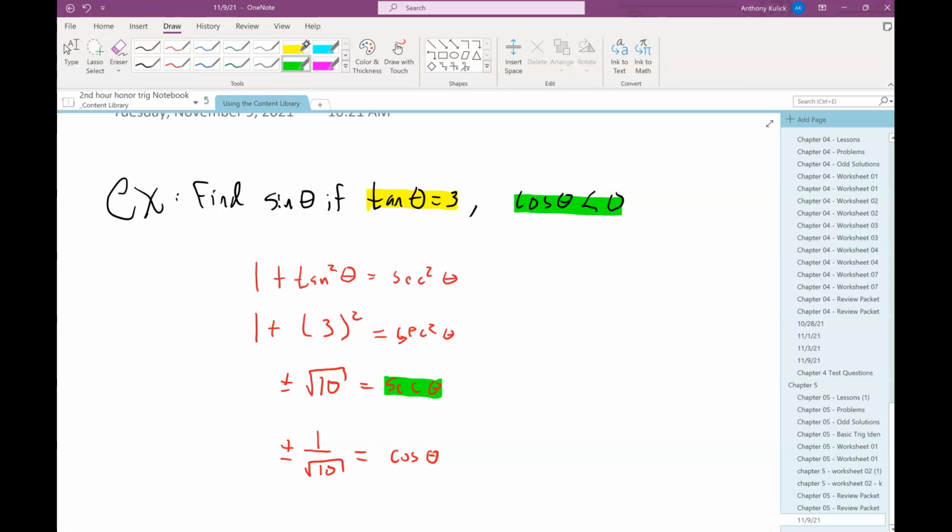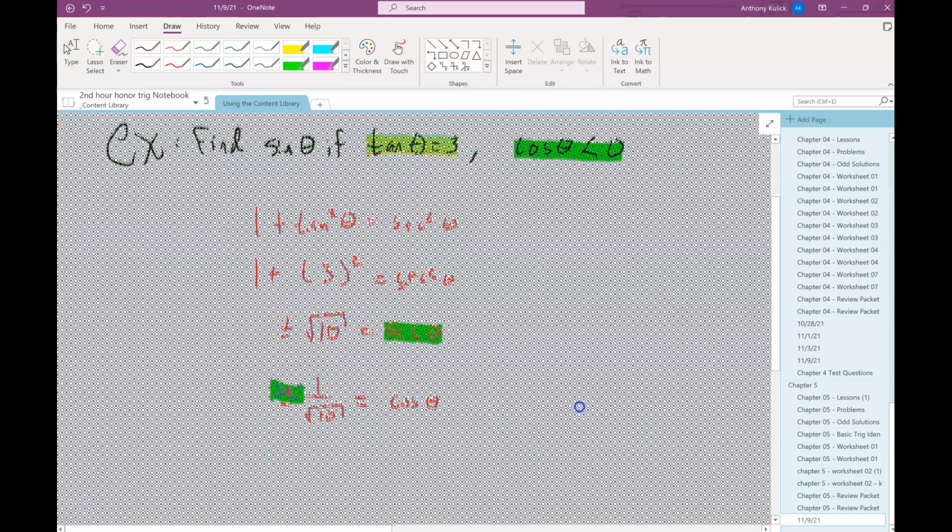And since cosine has to be negative, I know that I can get rid of the plus from my plus or minus. Everybody so far so good?